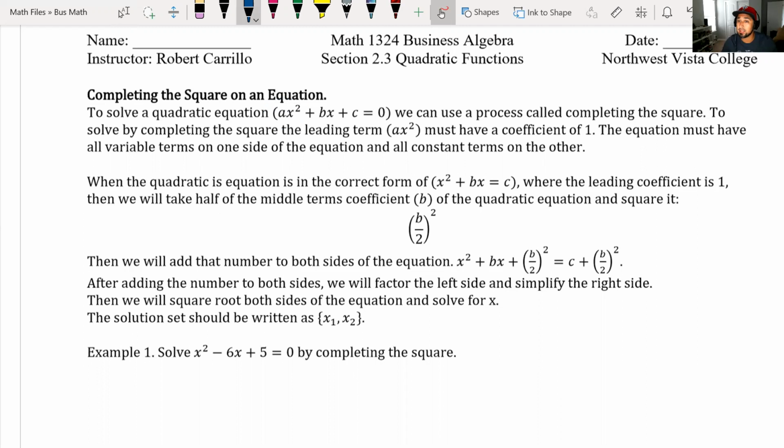In order to complete the square, the leading term's coefficient, and here a is the coefficient, must be 1. So to complete the square, the leading coefficient has to always be 1.